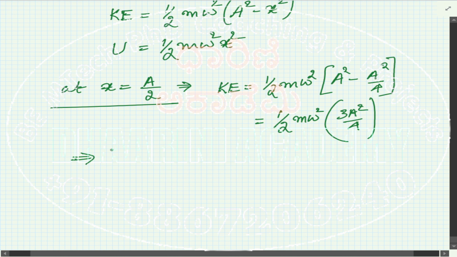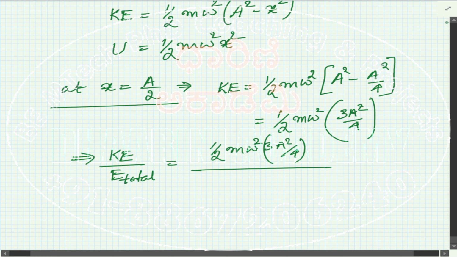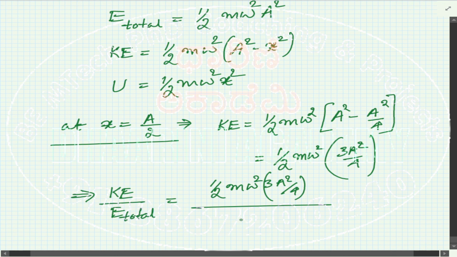So kinetic energy divided by E total is half m omega square into 3A square by 4, whole divided by E total, which is half m omega square A square. We can cancel half m omega square and A square. So kinetic energy is 3/4 of the total energy.